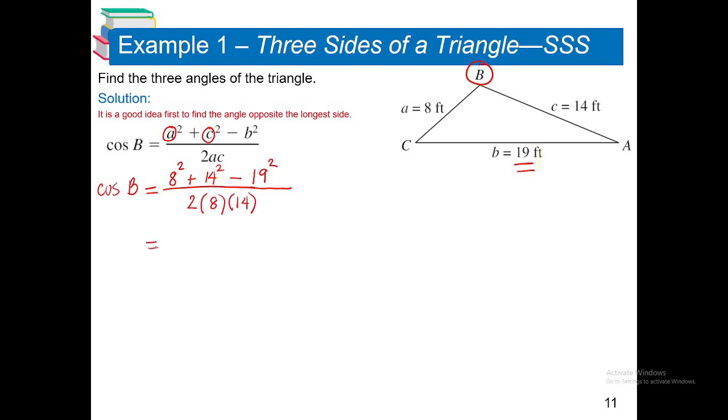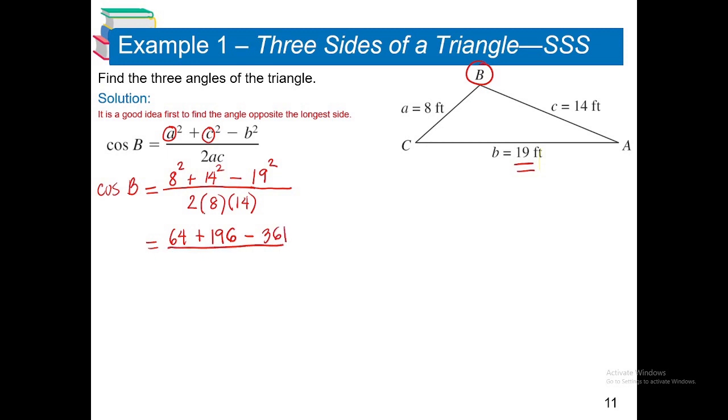8 squared is 64. What is 14 squared? 196. What is 19 squared? 361.